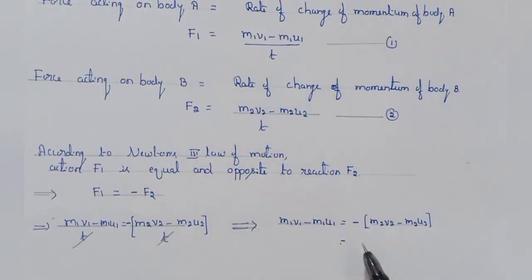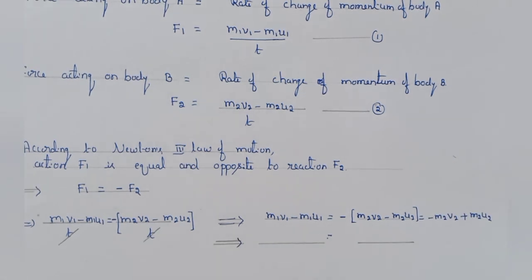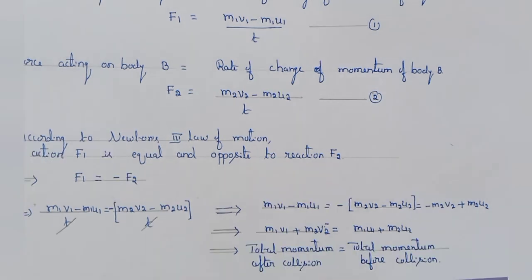Next, multiply by minus: minus m2 v2 into minus, plus m2 u2. Next, take minus m2 v2 to left hand side and m1 u1 to right hand side. Then m1 v1 plus m2 v2 is equal to m1 u1 plus m2 u2.